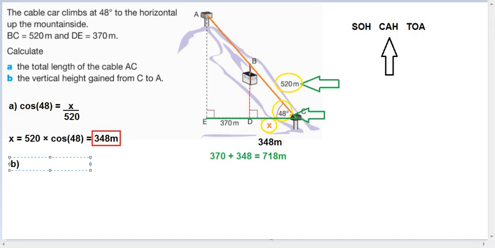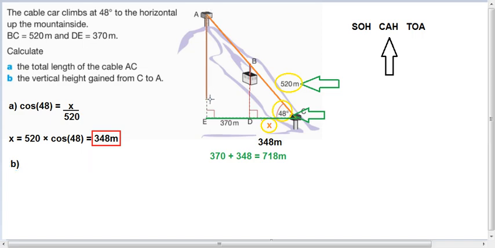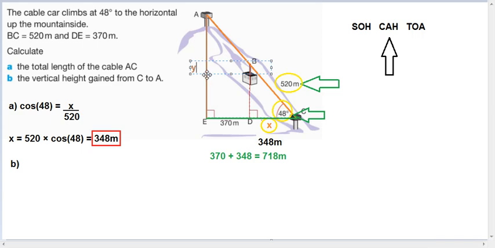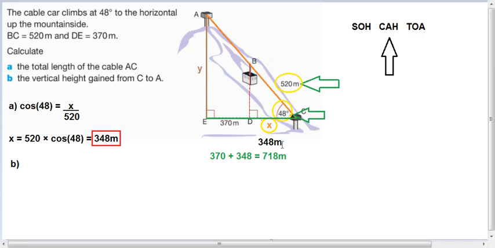So the question now is asking for this side, the height at the A. And I'm gonna call this side Y. We don't know the height yet, but what we know by now is the angle 48.